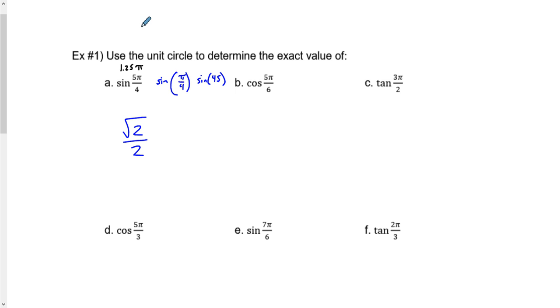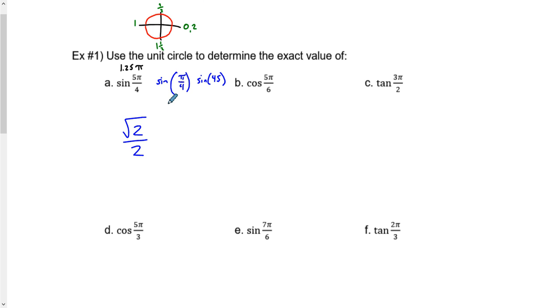If we look at our entire circle, this is 1 pi, this is 2 pies, so this would obviously be a half, this is 1, this is 1.5, this is either 0 pies or 2 pies. 1.25 would have to be down in quadrant 3.